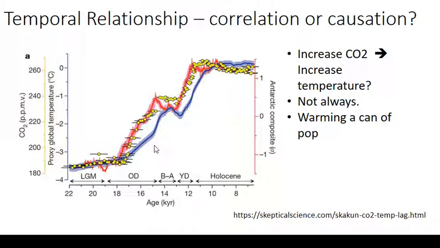And the example that I would like to put forward is like a can of pop. If you open a can of pop when it's really cold, you're going to get some bubbles that come out of it, but not as many as if you did that when it's really, really warm. When you open it up when it's really, really warm, it's going to be much more anxious to get rid of its carbon dioxide. The same thing happens with the oceans. The oceans are going to release more carbon dioxide when they're warmer as opposed to when it's cold.